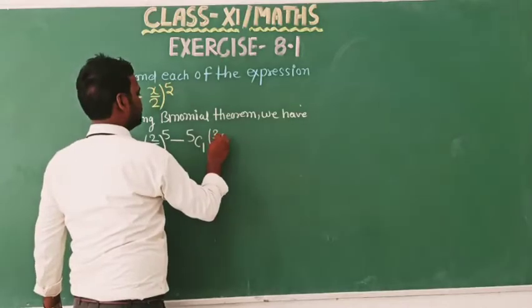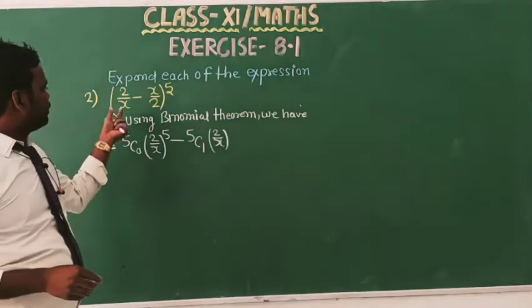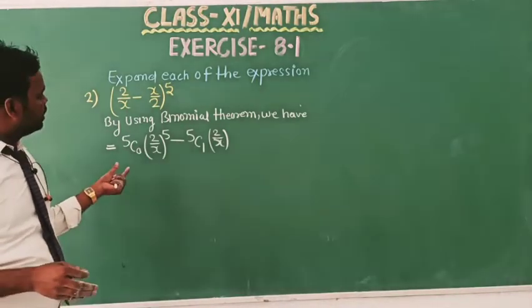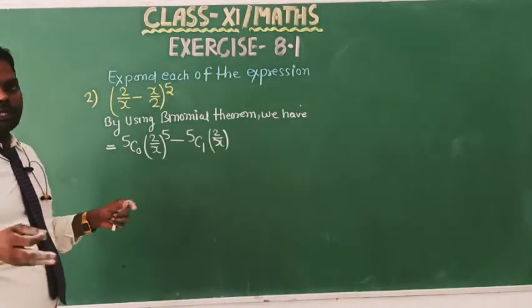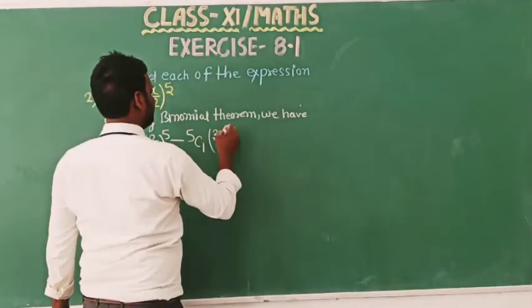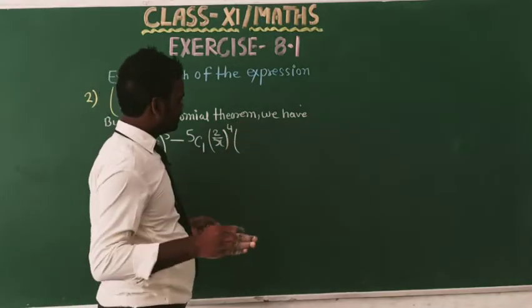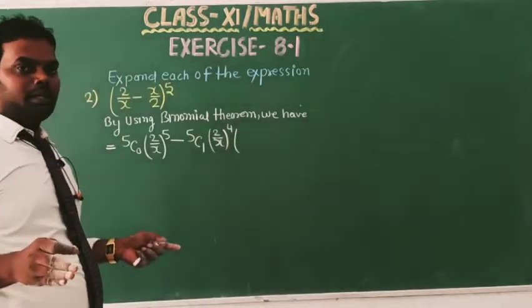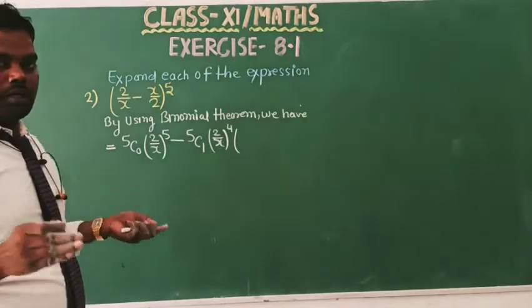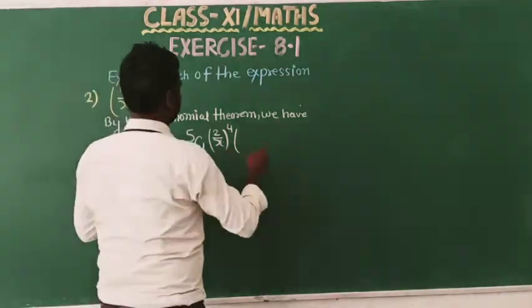(2/x)^4, the first quantity decreases by 1 in successive terms, so 5, then 4, and the second quantity goes on increasing 1 by 1 in all successive terms.